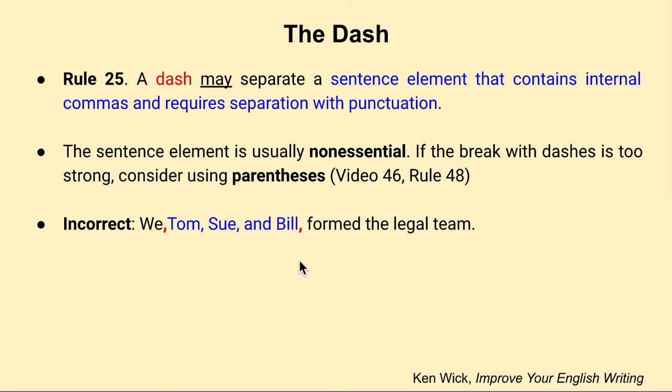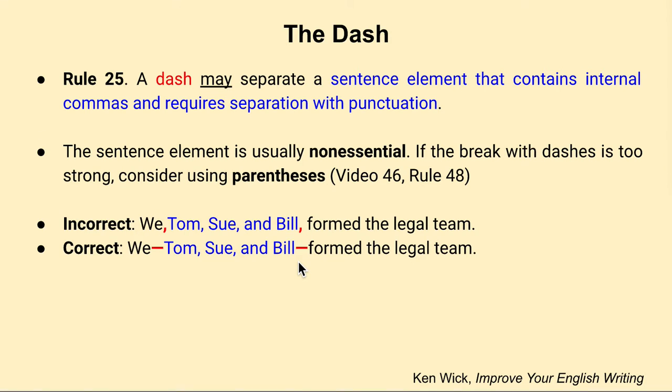So this is incorrect. What you do is you use a dash, or you could use parentheses, but we are covering the dash now. You do have the option to use a dash, which emphasizes the usually non-essential element being separated. So: We, dash, Tom, Sue, and Bill, dash, form the legal team.